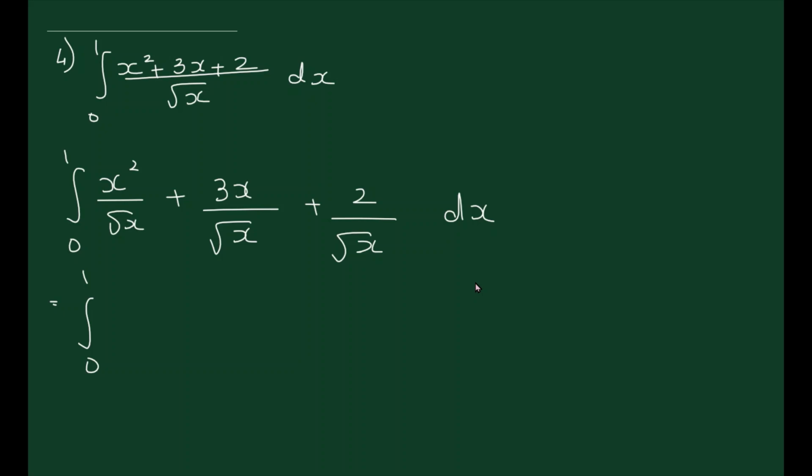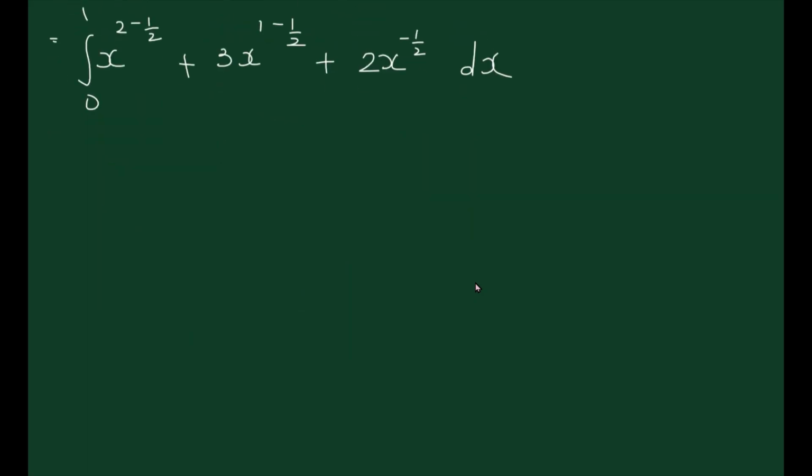x square upon root x is actually x raised to 2 minus half. Remember your polynomials actually. When you take the term from the denominator to the numerator, the power gets subtracted. So this way, 2 minus half, plus 3x raised to 1 minus half, plus 2x raised to minus half dx.